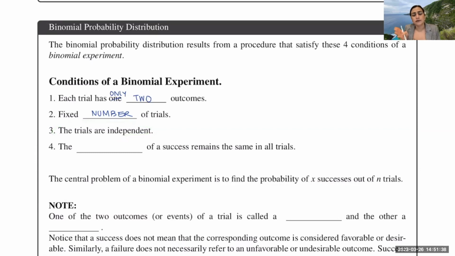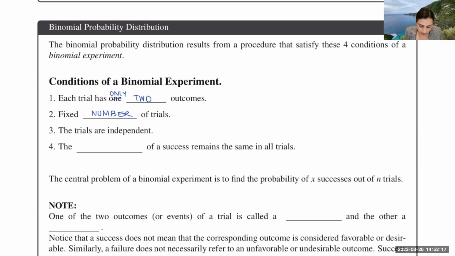Hopefully you remember from chapter 4 that the word independent means that the probability of one thing is not going to affect the probability of the other. Here we're going to be continuing using that idea. When we plant one seed, the probability of one seed germinating is not affecting the probability that the other germinates. Or when we flip a coin, the probability that I get heads on my first toss is not going to affect the probability that I get heads on the second toss. These events need to be independent.